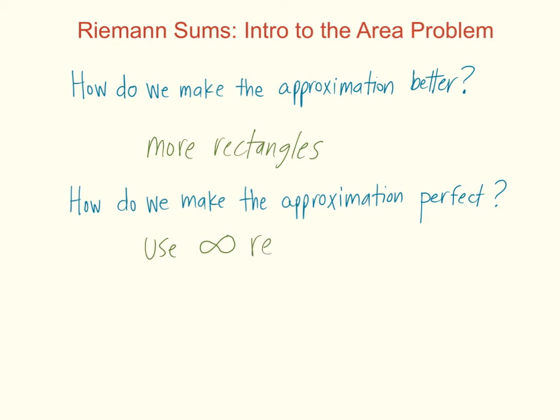Use infinity rectangles. Now, it's kind of hard to add up infinity different things. That's what we're going to learn how to do. It's also hard to find the slope if there's just one point, but we solve that problem using limits. So what we're going to basically do is take the limit as the number of rectangles approaches infinity of the area of the rectangles.